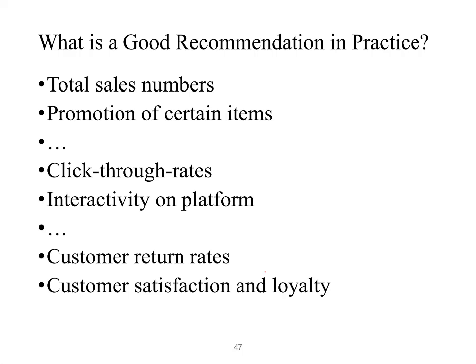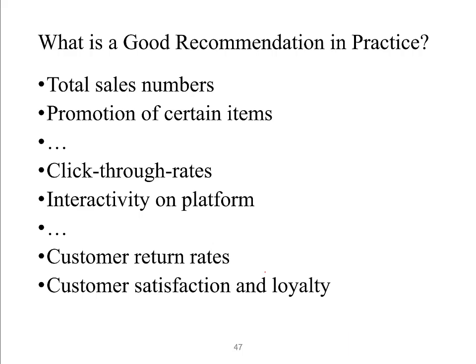So basically in practice, the evaluation is based on the user's feedback, although the user's feedback may not be explicitly available, right? But we can somehow make a good guess based on the user's behavior. For example, by using the recommender system, if we observed the total sales number increased, right, then we should consider it a good recommendation.